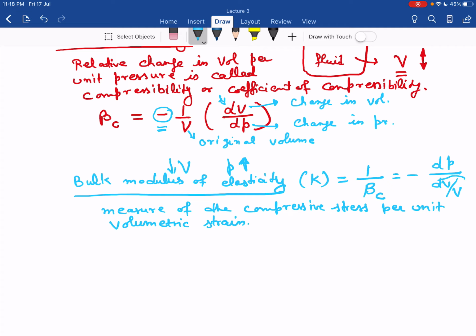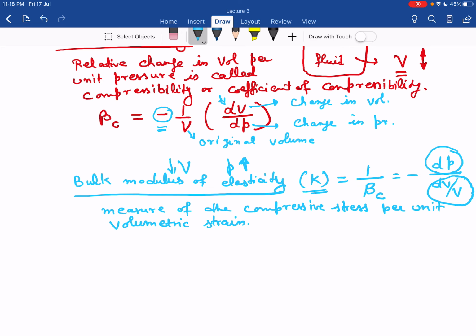So this term represents the volumetric strain, and the upper term is the compressive stress. So this ratio gives you another term that is K, and this K is bulk modulus of elasticity.